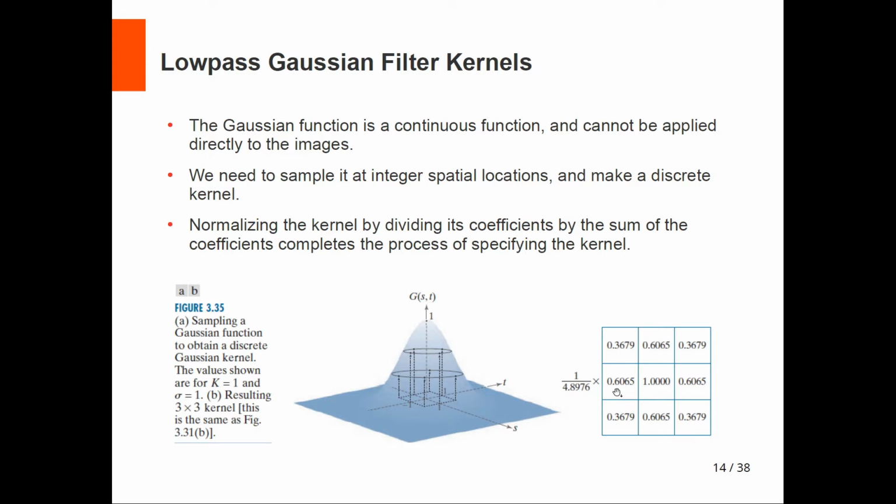So for example, here is an example of a Gaussian kernel of size 3 by 3, in which k is chosen to be 1 and sigma is also chosen to be 1. As you can see, we have this normalizing constant right before the kernel, which is 1 over the sum of all the values of weight inside the kernel.